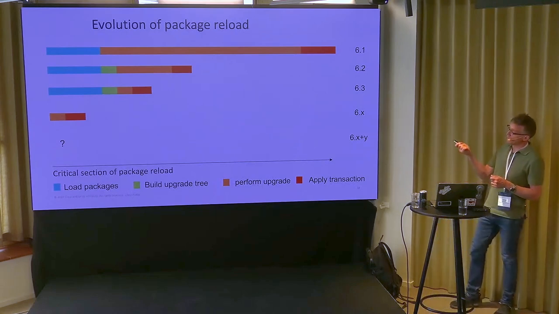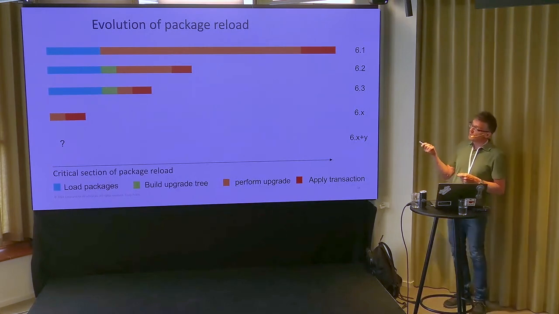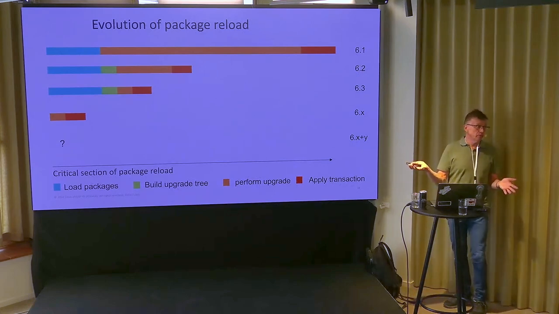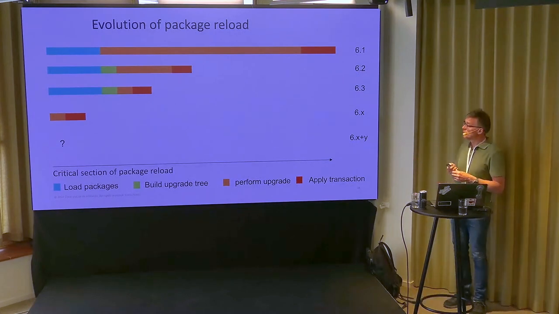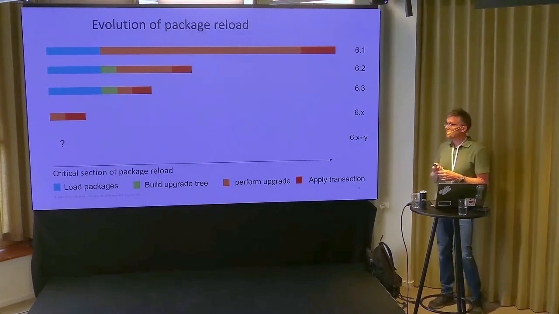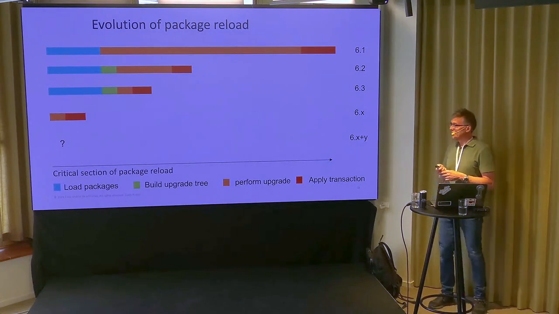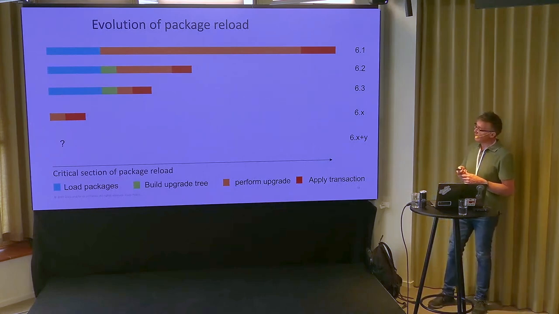Another alternative would be to try to move the blue and the green bar out of the critical region, if it's possible. And yes, so we don't know yet. We have to think about it.